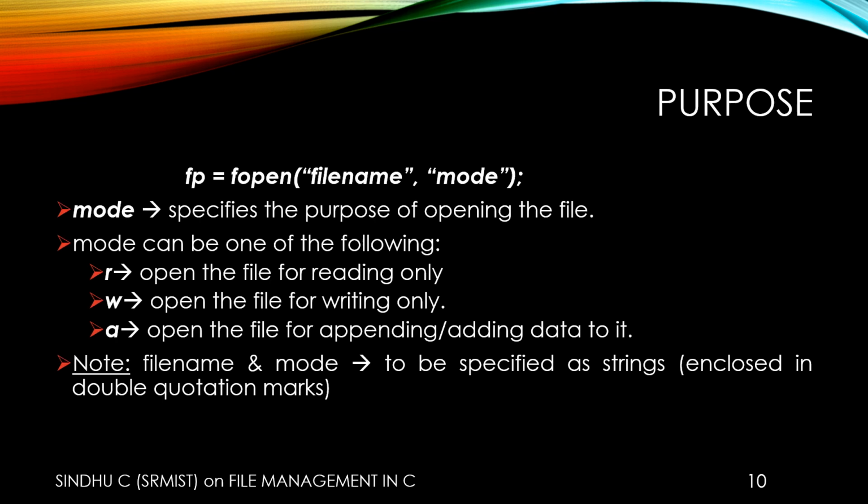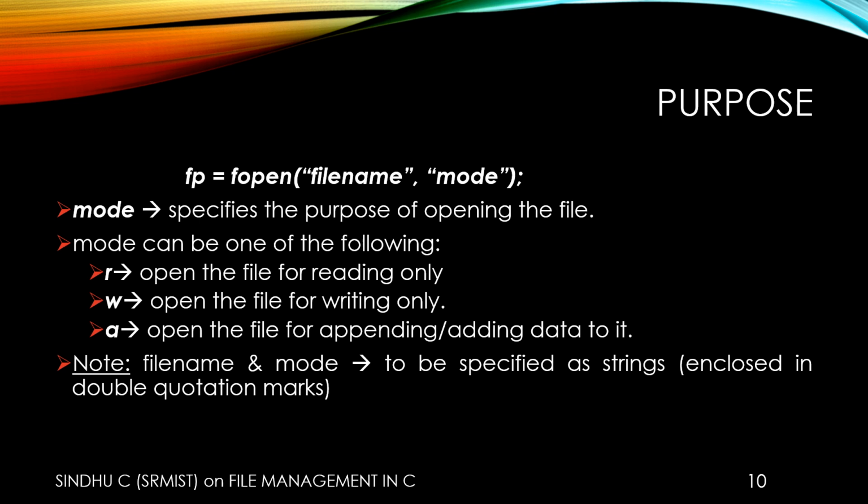Purpose is the third property of a file. Here you have the statement fp = fopen(file name, mode). Here mode specifies the purpose of opening the file.